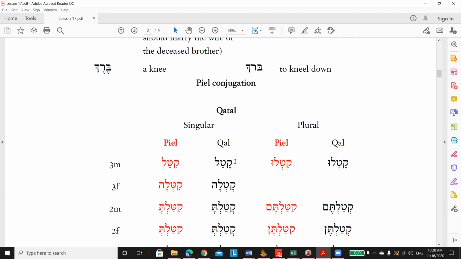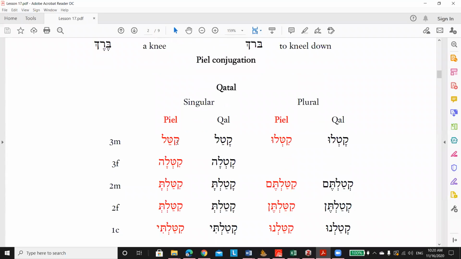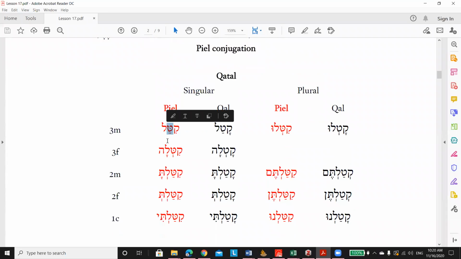So we need to remember the name of the conjugation, Piel. It means that the vowels of this stem would be hireq and tsere. And it's very easy: qittel. And remember that the second letter will always have dagesh forte.